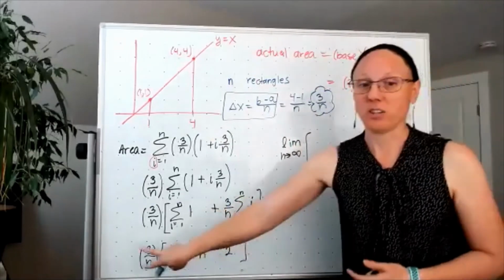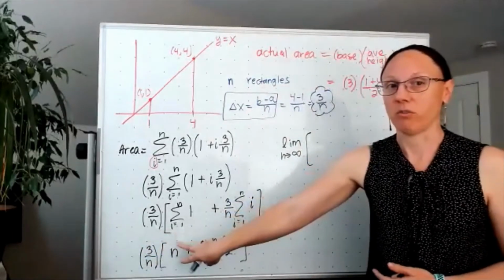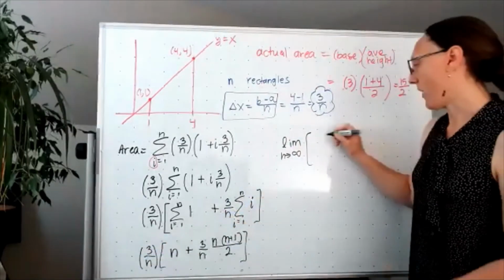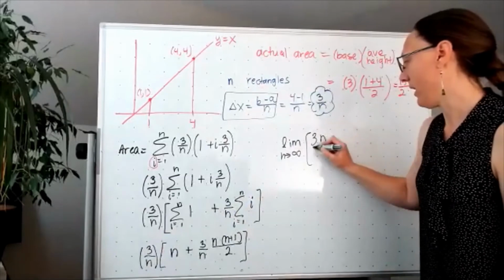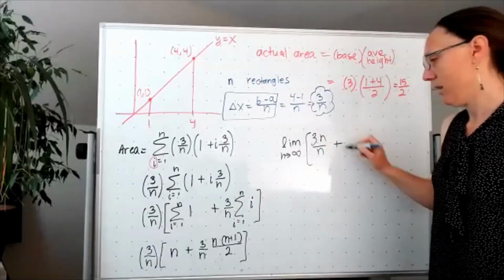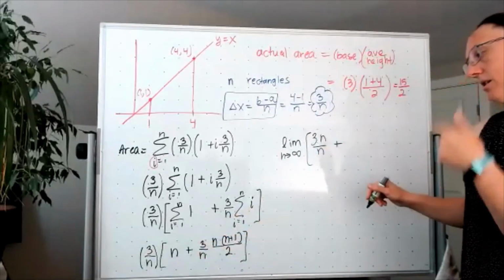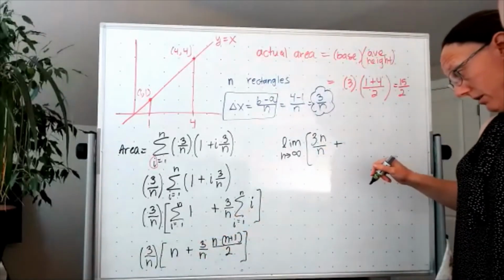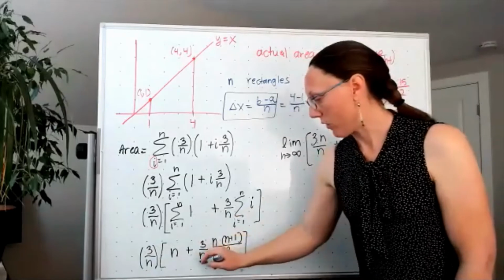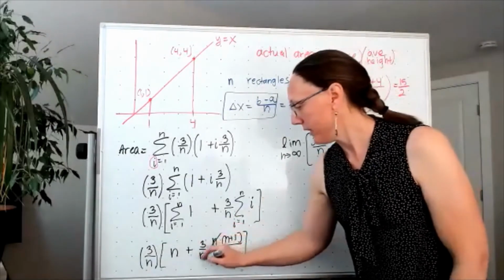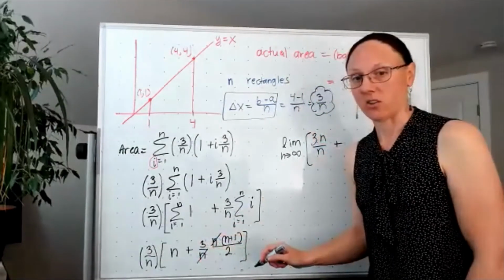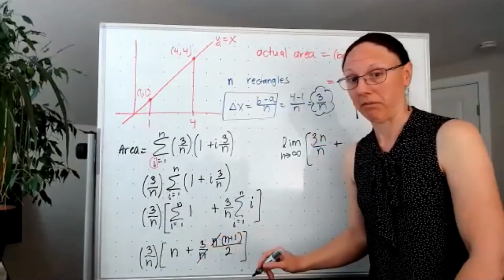And I'm going to go ahead and distribute in the 3 over n. So I'd have 3n over n plus, and if I distribute this in here, oh, how about if I do this? That n over n is going to cancel, just to simplify my life a little bit.